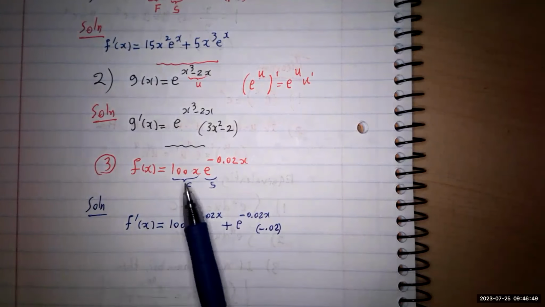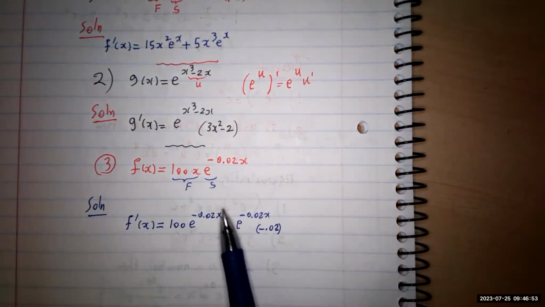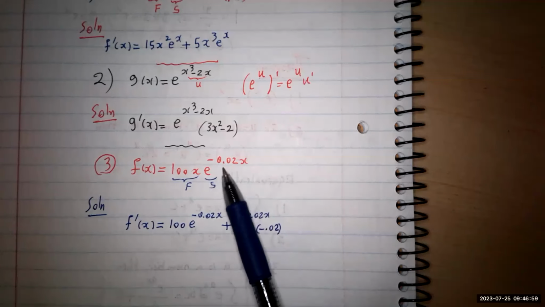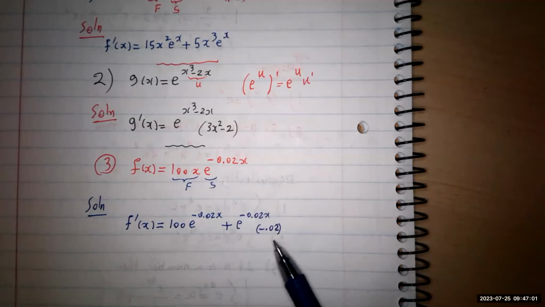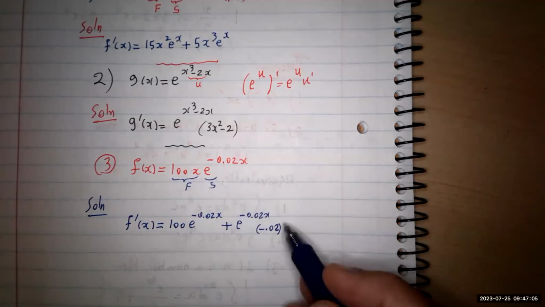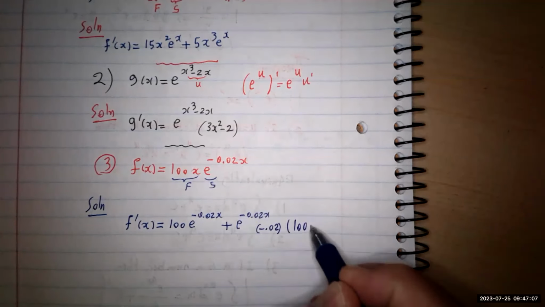Okay, derivative of the first, 100, times second. The second one, exponential function, of course, never changes. But you have to multiply by u prime, the derivative of the top, which is negative 0.02. Then multiply by the first. The first is 100x.